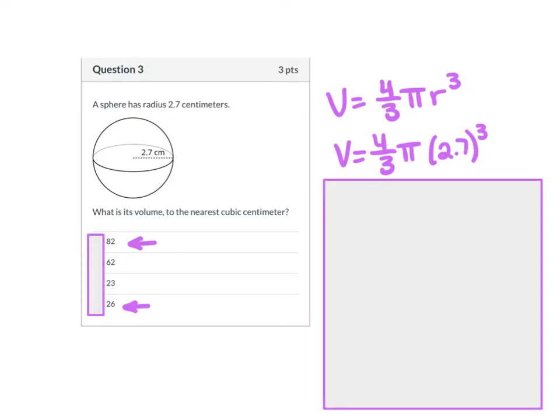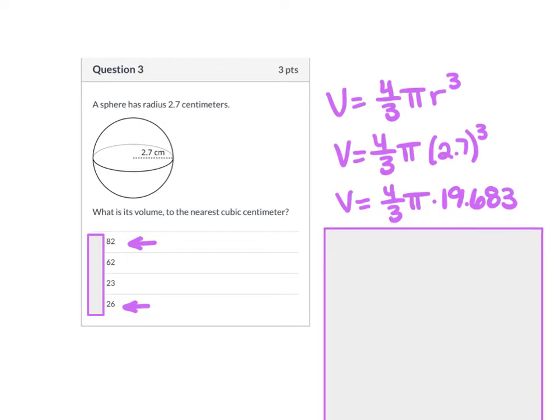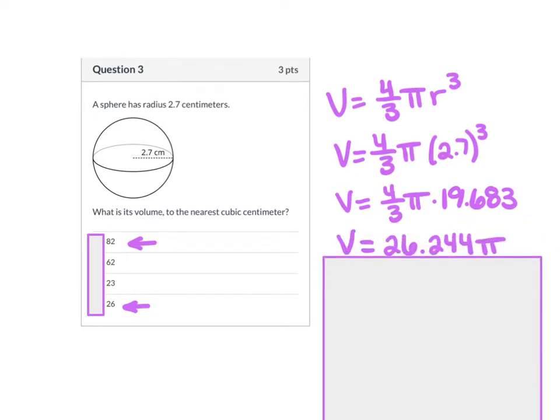Then I simplified the 2.7 raised to the 3rd power, and then I combined my 4/3 and my 19.683 just to simplify it. So I multiplied those together, giving me 26.24, still times pi.